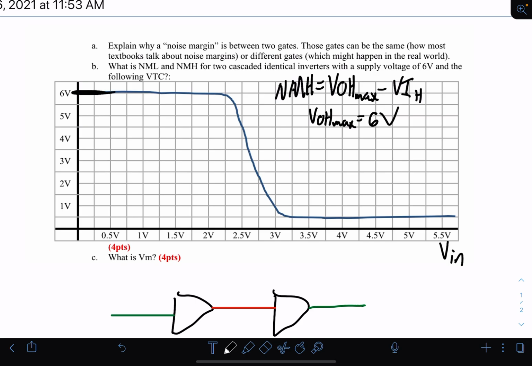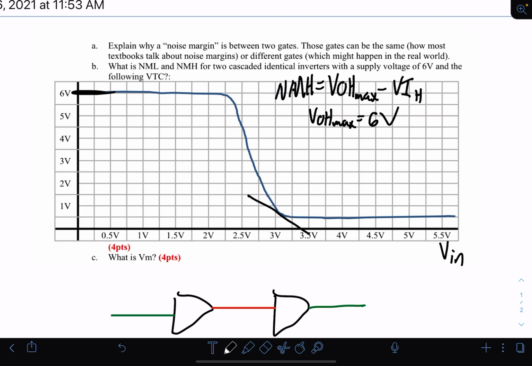And let's draw that. Now V in high is a little trickier. V in high is going to be the minimum input voltage that we accept as a logical high input. And so that'll actually be outputting on this section down here. So in order to find that, we find out where the voltage transfer curve crosses or has a slope of -1.